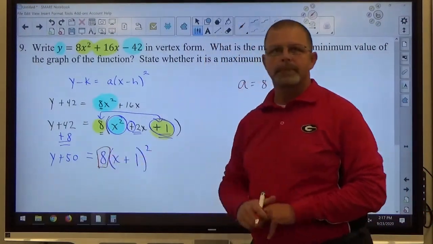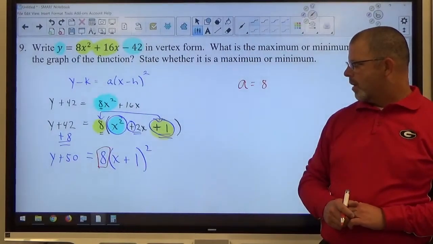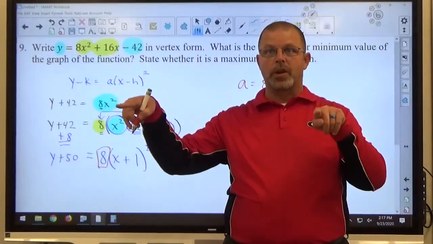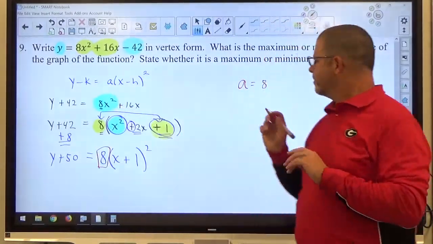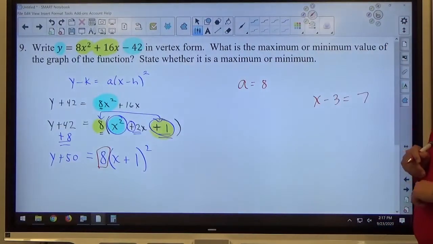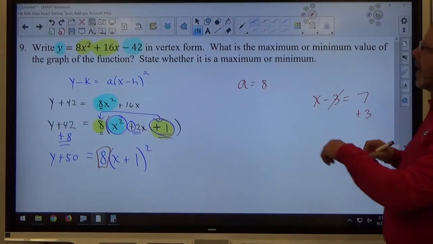How'd you get the plus 8, not minus 8? So you're thinking, going back to algebra, when we move something across, we change the sign, right? If I have that, and we chop plus 3, what made that happen?